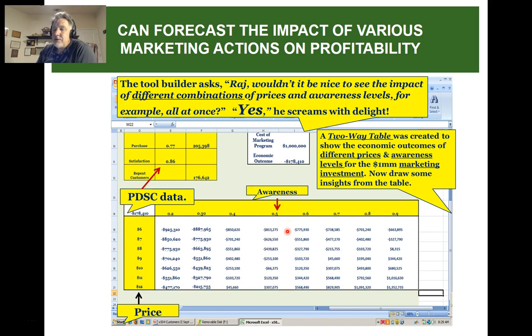And by doing that, you can create various scenarios to look at. If I had awareness with the same price and we improved awareness with an advertising campaign, what would be the financial impact?